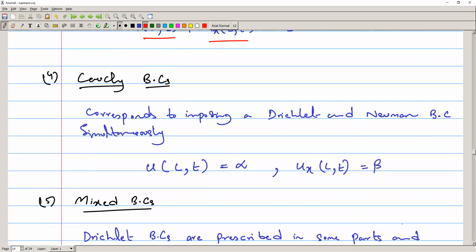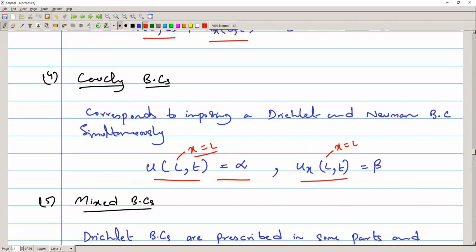Then we have Cauchy boundary conditions. Cauchy boundary conditions correspond to imposing Dirichlet and Neumann boundary conditions simultaneously. So one of the boundary conditions will be a Neumann boundary condition at x equals L, or x equals 0. And similarly, the other boundary condition will also be at x equals L, or x equals 0.